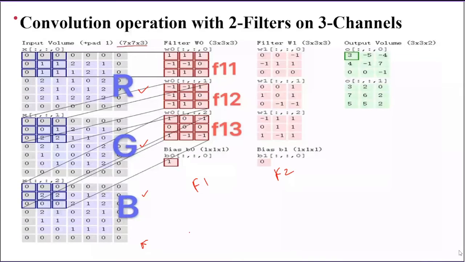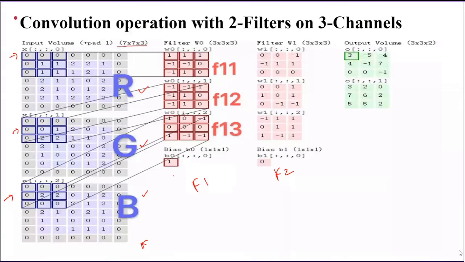While doing the convolution operation, the first filter will calculate the weighted sum pixel by pixel. Similarly, the second filter and the third filter will calculate the weighted sum pixel by pixel, and then all these are added together.